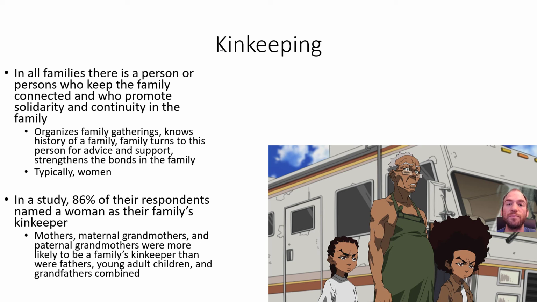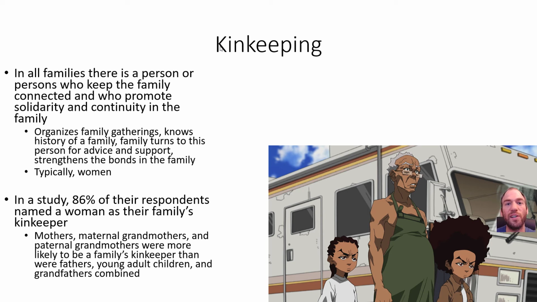So the idea here is that an important person to maintain family cohesion is this kin keeper, and typically it's been older women, and they take on this social responsibility to organize family gatherings, understand the history of the family, and maintain and strengthen bonds within that family.